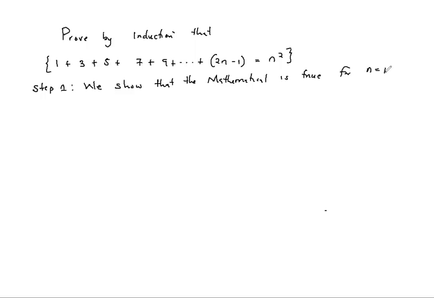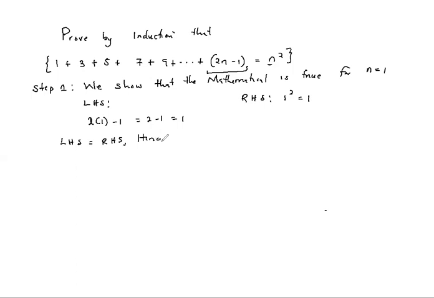So if you take the left-hand side, we'll pick this part and substitute 1 there. So we're going to have 2 times 1 minus 1, which is 2 minus 1, which is 1. Let's see if we get the same on the right-hand side. So the right-hand side, where there's n here, we take 1 and square it. We are getting 1. So we have that the left-hand side is equal to the right-hand side.